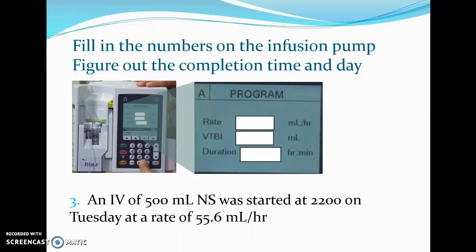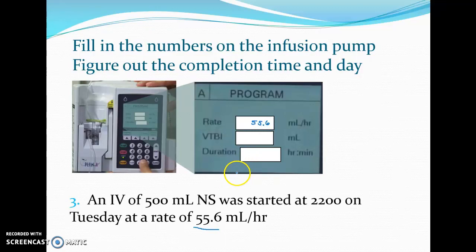When I look at what is requested by the infusion pump, the first thing I note is the rate. And so I'll be able to fill that in directly. In the problem, I'm given the rate here of 55.6, so the rate is 55.6 milliliters per hour.